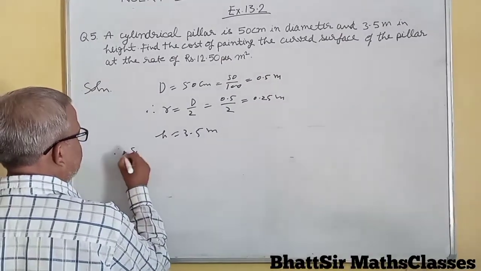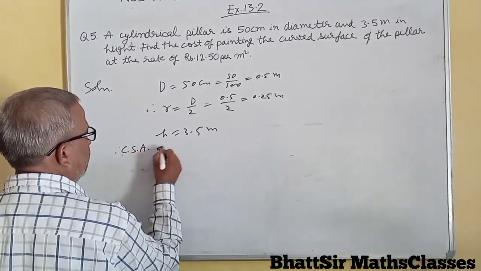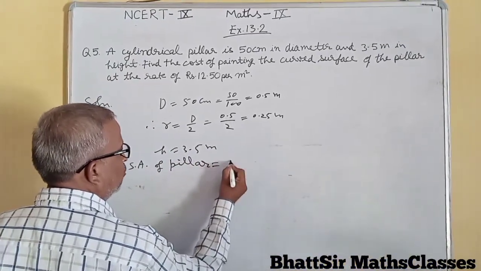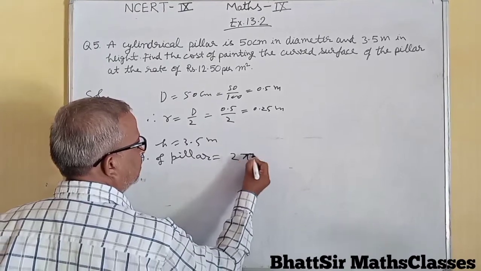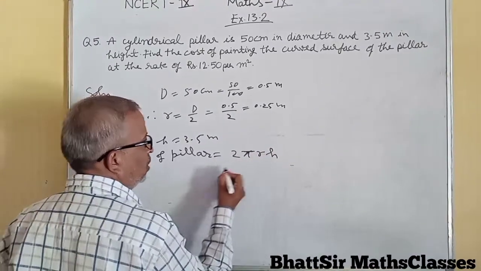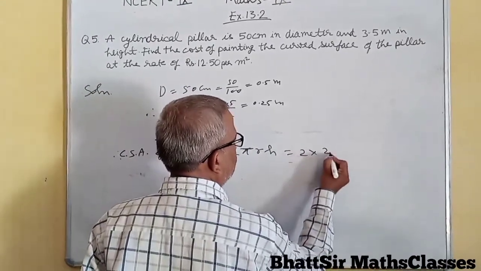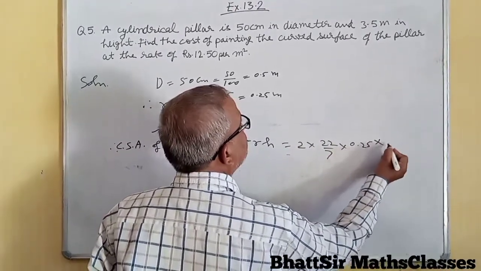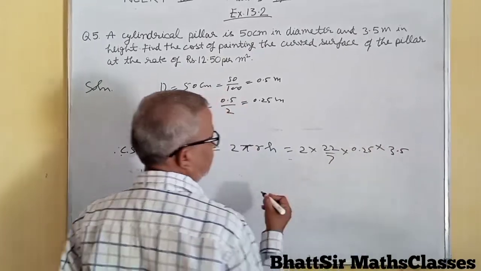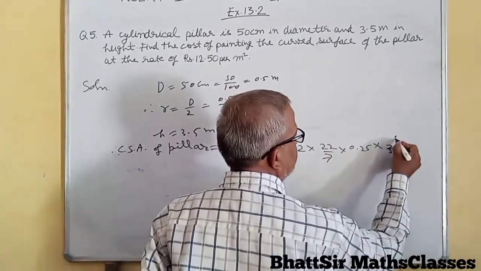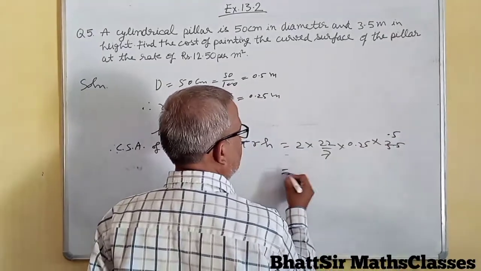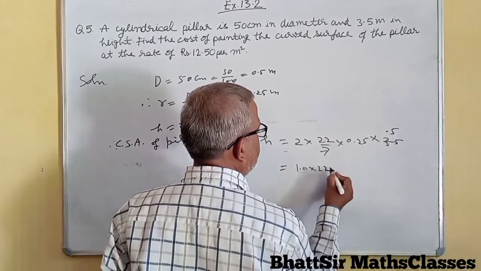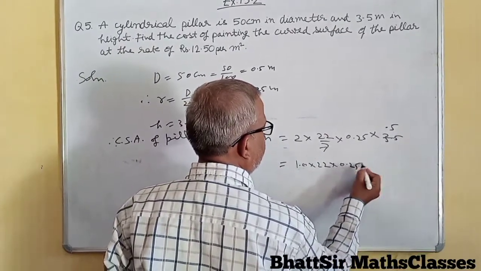Therefore, CSA, curved surface area of pillar, equal to 2 pi RH, equal to 2 into 22 upon 7 into 0.25 into 3.5. 7 5 is 35, equal to 5 2 is 10 into 22 into 0.25.